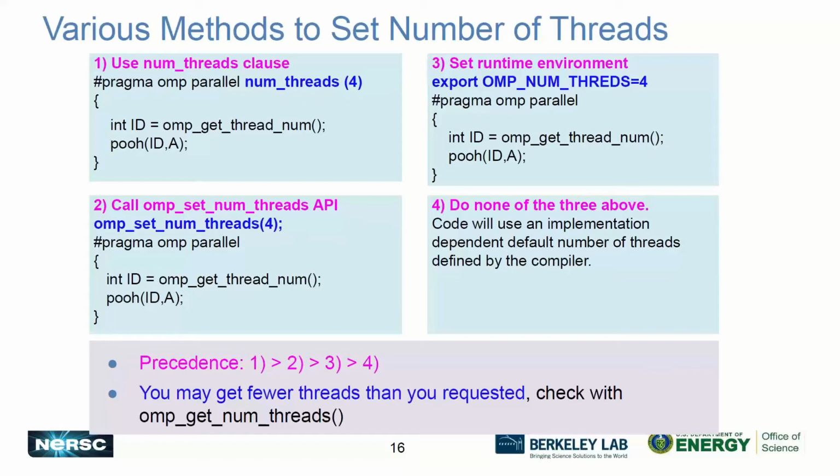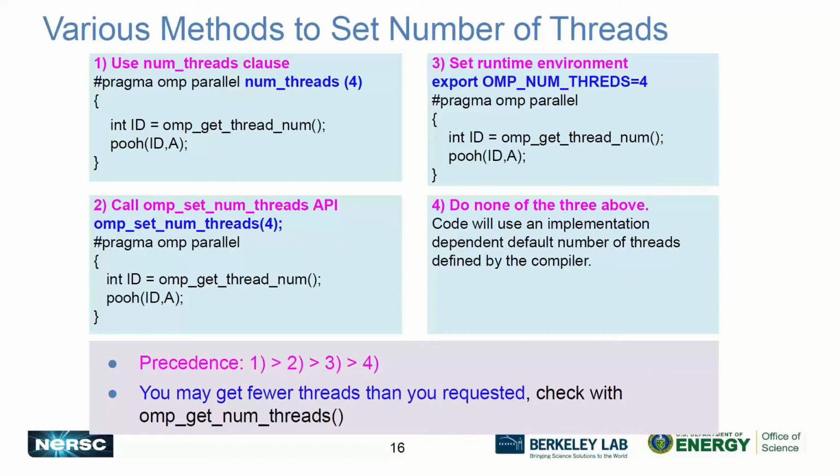In real applications, my suggestion is to use the runtime environment for ease, because when you use a runtime environment, you do not need to recompile. So the most convenient is export OMP_NUM_THREADS. Then for certain individual regions, for example, if you have a nested OpenMP region that is only a small part of your overall application, you probably want to use omp_set_num_threads or a clause.